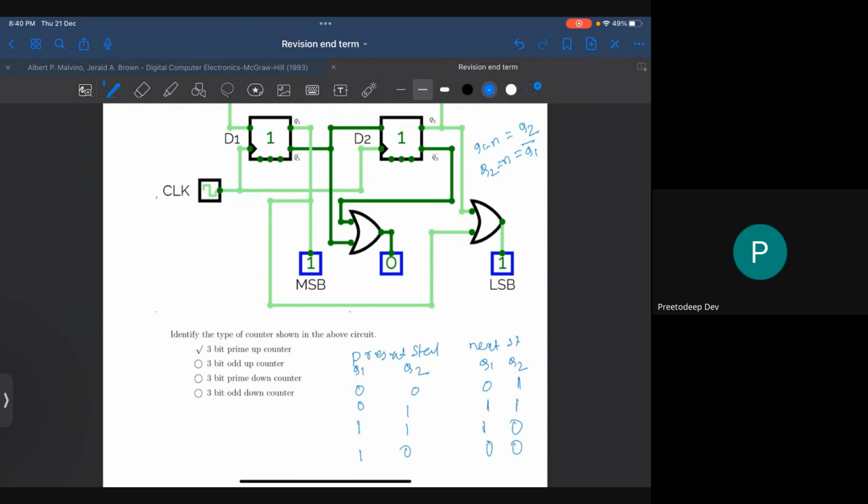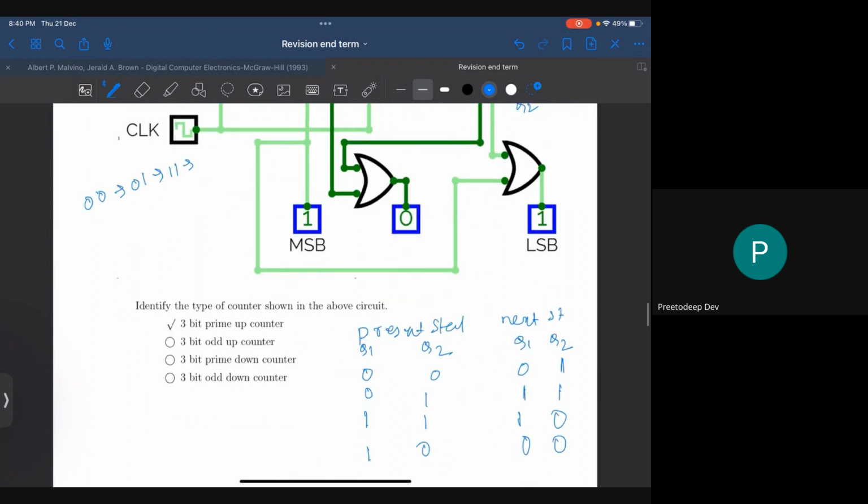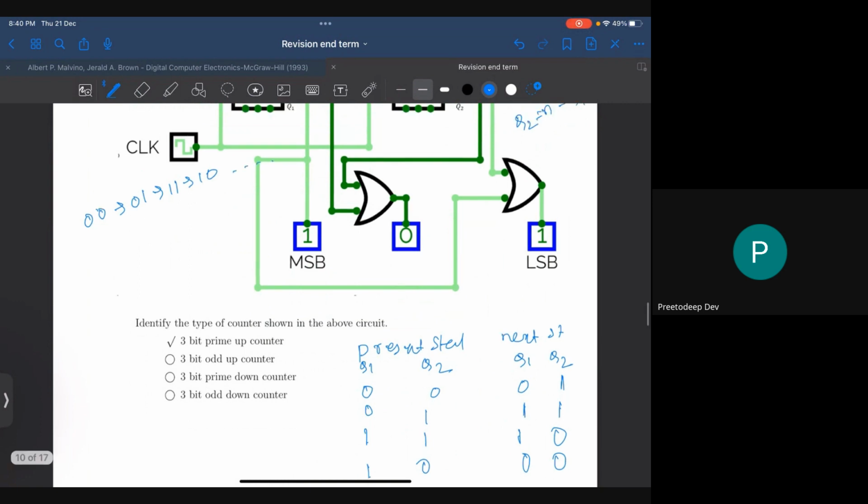So it's basically depicting 0 0, then 0 1, then 1 1, then 1 0, then 0 0 again. Okay, now when it's 0 0, what's printing?